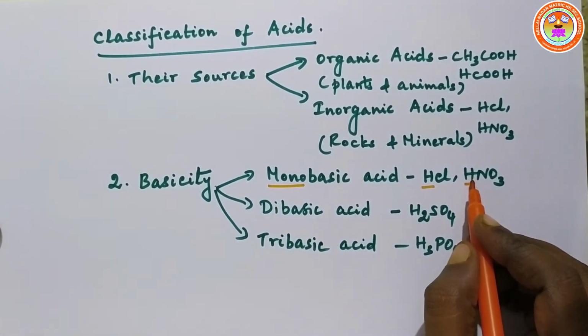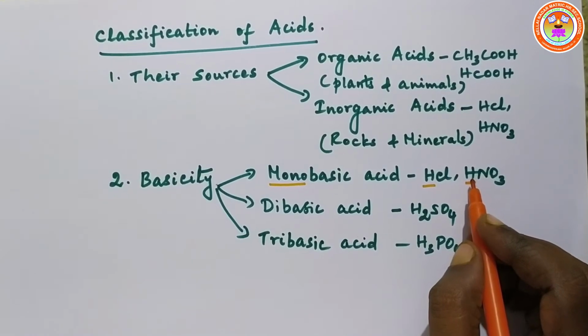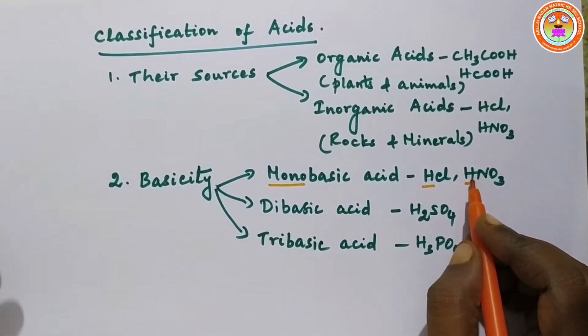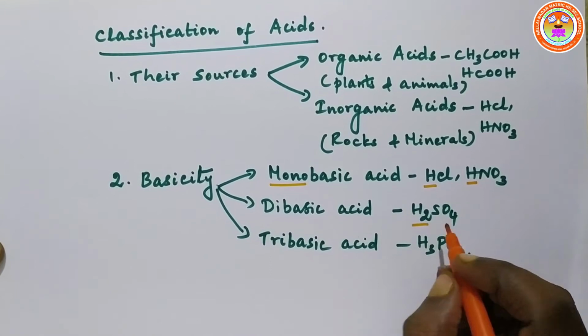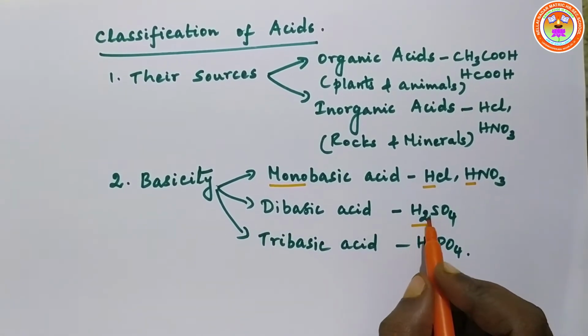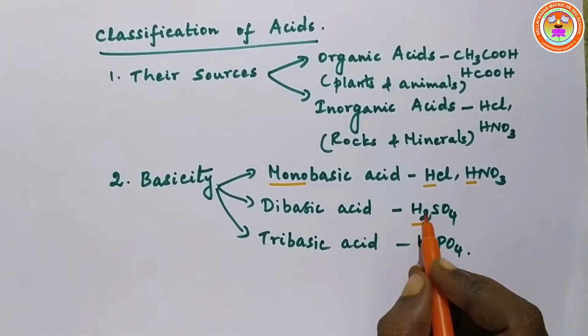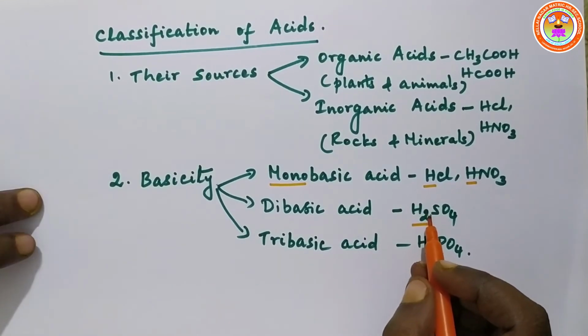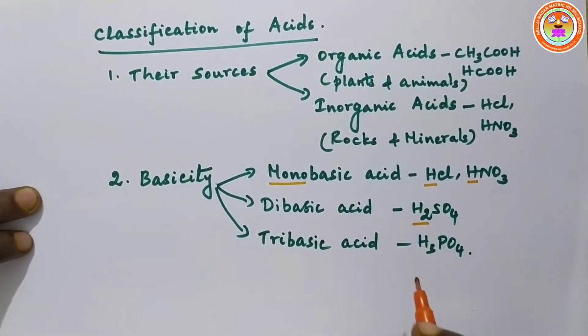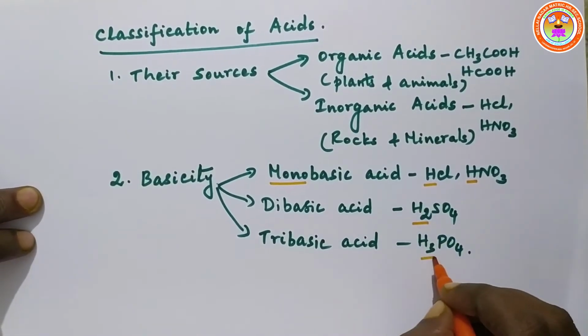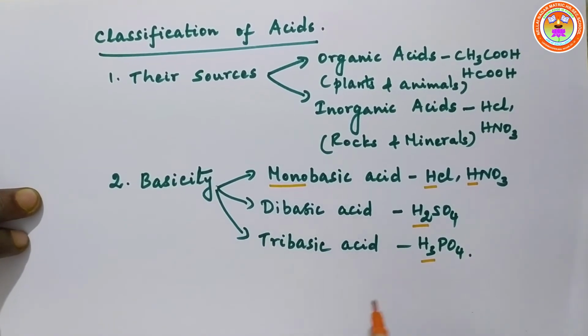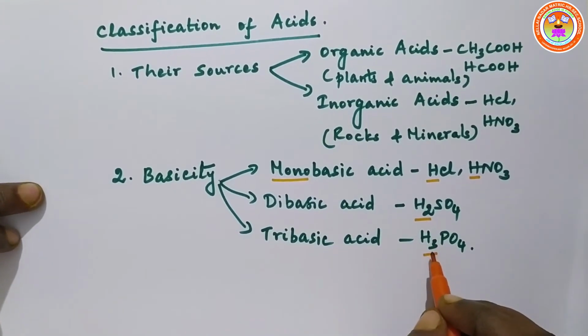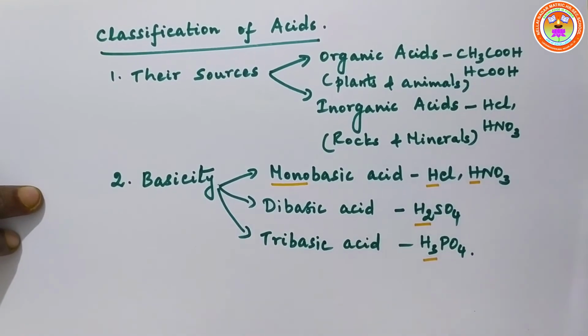Sulfuric acid is dibasic, because one molecule produces 2 hydrogen ions in water. Phosphoric acid is tribasic because it produces 3 hydrogen ions when dissolved in water.